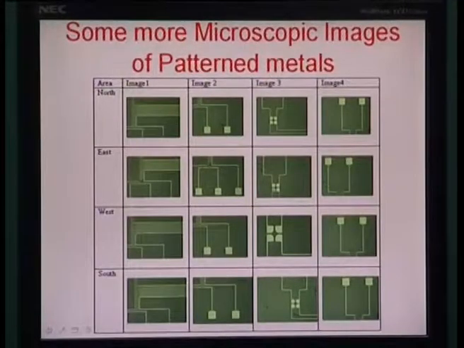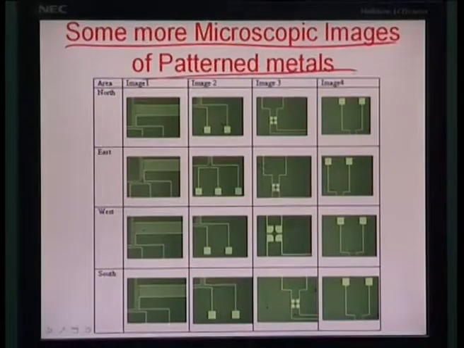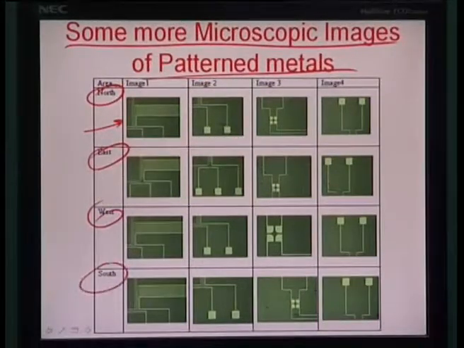These are some more microscopic images of patterned metals, as you can see, and this has been characterized under a microscope. The terms here north, east, west, south are indicative of what portion of the wafer we have taken these photographs from, and they have been imaged in different areas, and you can see that the deposition process is just replicating what feature was there on the masking surface, and this finest line here is of the size of about close to 50 microns or so.